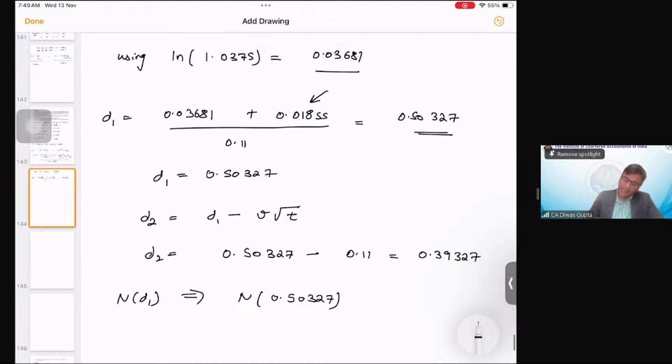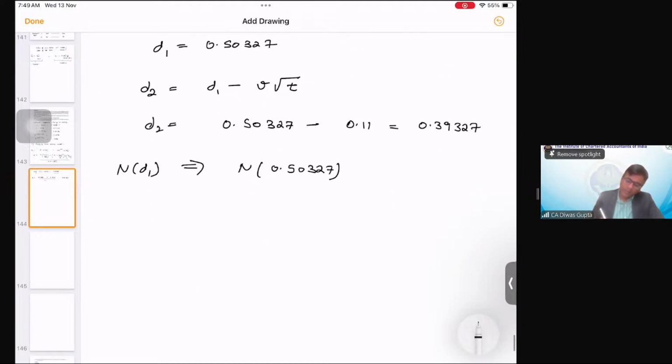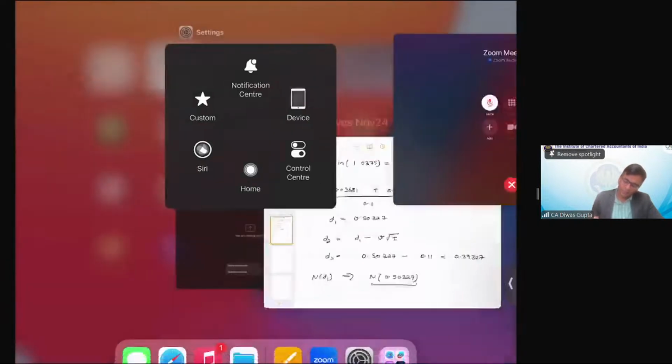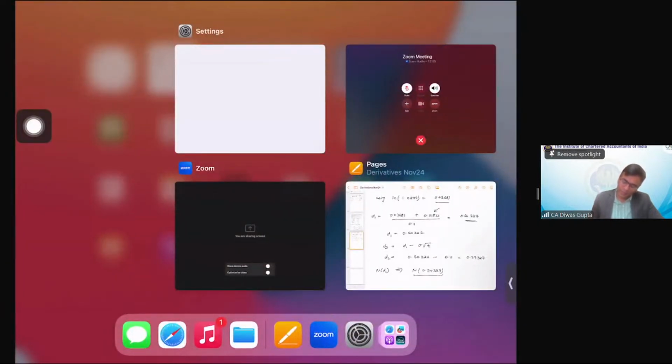Then for N(d1), now we have to calculate the value of this bracket. So the normal distribution table for this bracket needs to be calculated. For that, we will have to refer to the standard normal distribution table. Just a second, let us open that.